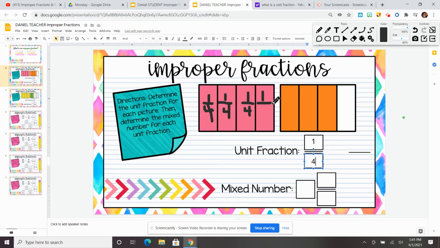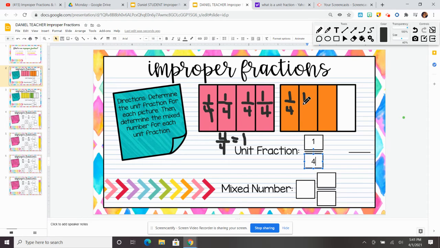Well, since all of those are shaded, you would get 4/4. And 4/4, boys and girls, is equivalent to what? Is equivalent to one whole. So I'm going to put 4/4 equals 1.